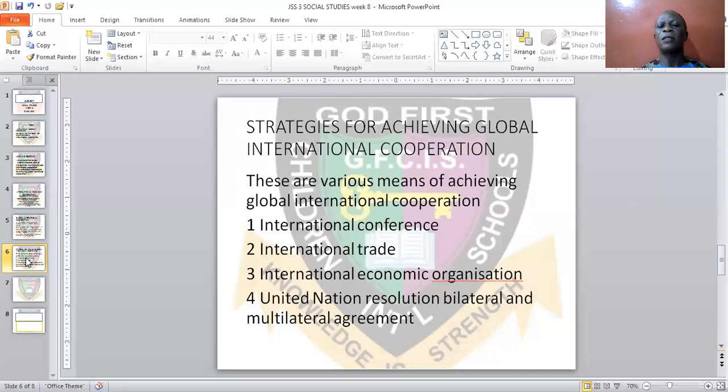Don't forget that this is used to express ourselves, to know ourselves, to come together, to cooperate, global international cooperation. Look at when COVID-19 started coming to Nigeria, from February, then March, everybody went home.